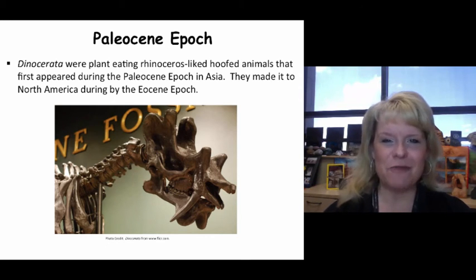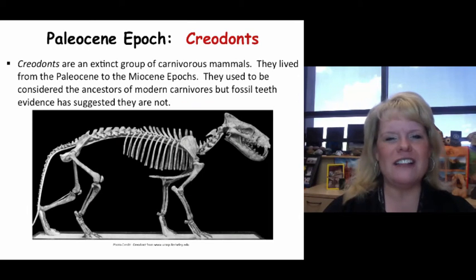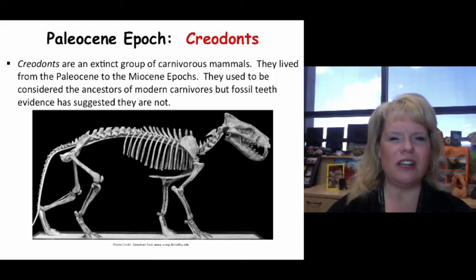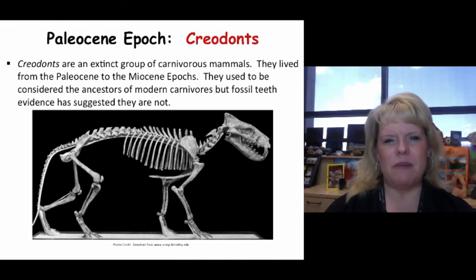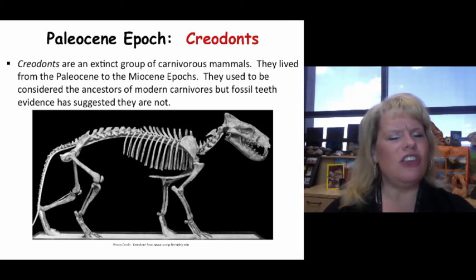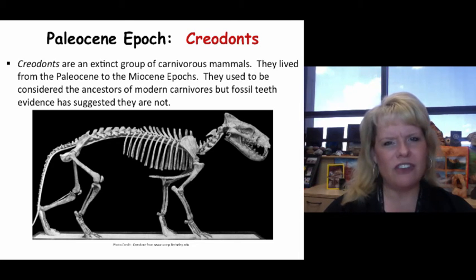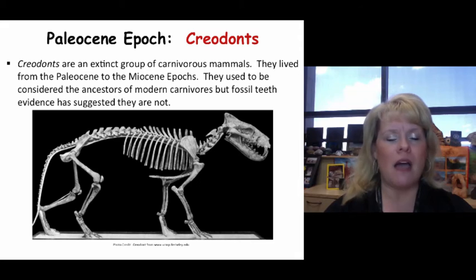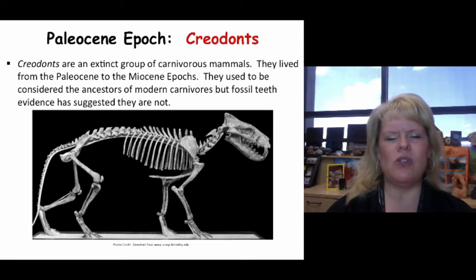Creodonts are our first carnivorous types of mammals that we're certain of, that evolved during the Paleocene. They lived from the Paleocene through the Miocene epochs, and then they pretty much go extinct. They used to be considered the ancestors of modern carnivores, meaning they were thought to give rise to something like canines, but nevertheless we know that they're not.